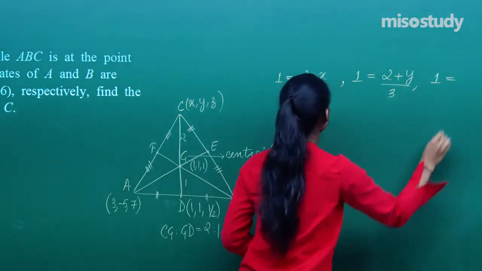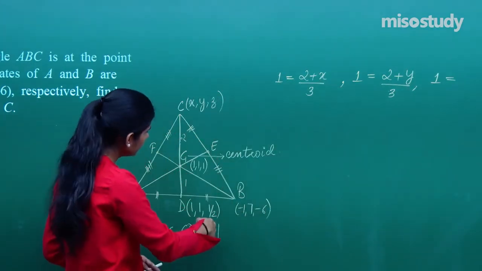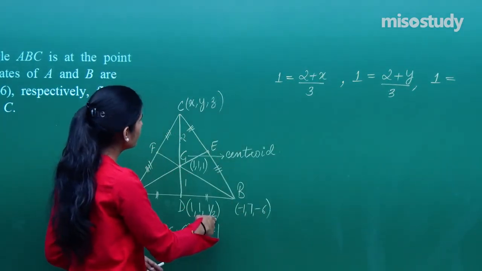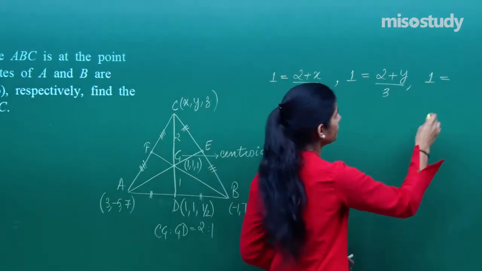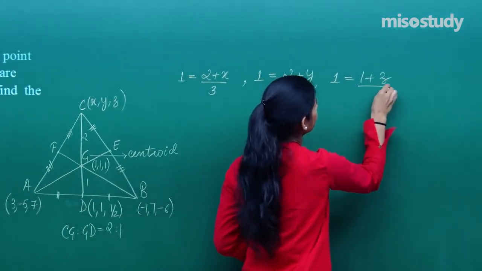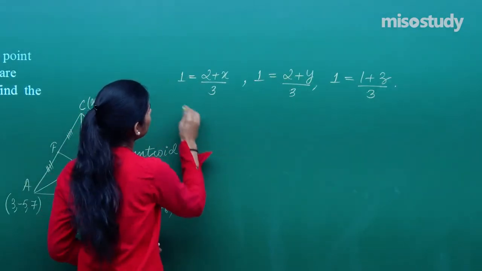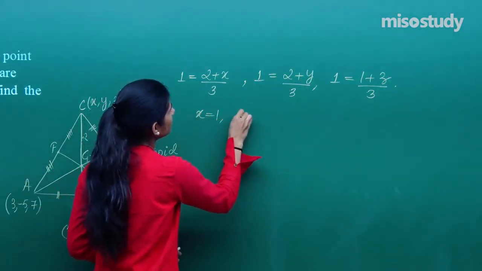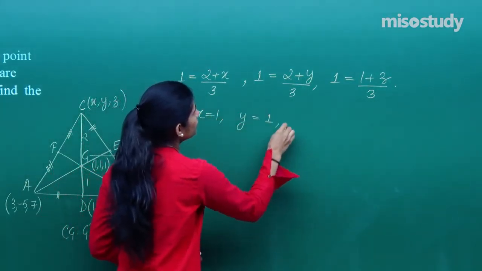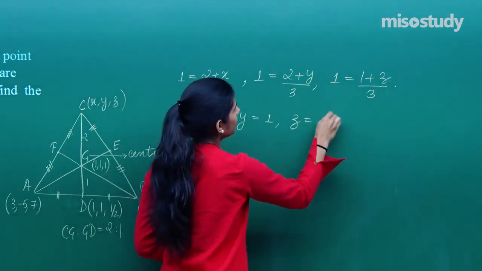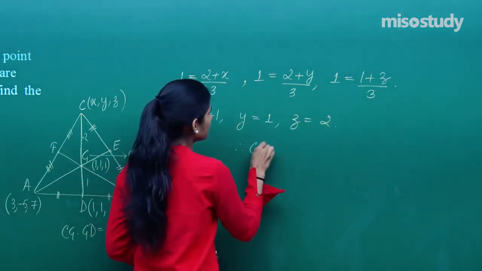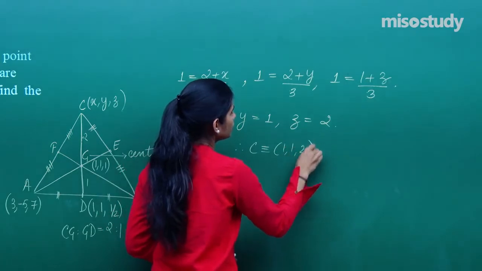And third would be the z coordinate. It would be 2 into 1 by 2, which is 1, plus z upon 3. By section formula, this gives you 3 minus 2, 1, 3 minus 2, 1, and 3 minus 1, 2. Therefore, C has coordinates 1, 1, 2.